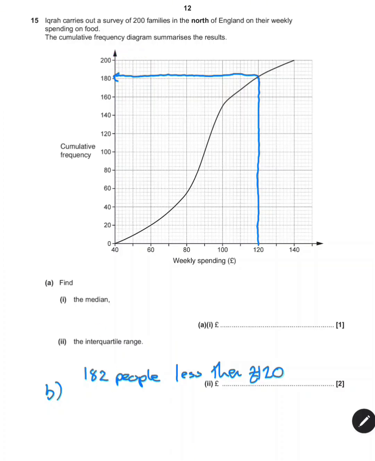So if there's 200 people altogether, I'm going to do 200, take away 182, which is 18. 18 people spend more than £120. We just need to see if this is 15% of everyone. So 18 out of 200. Do it as a fraction first. That is the same as 9 out of 100. 9 out of 100 is 9%. So he's wrong.